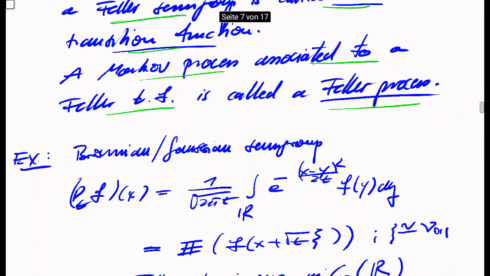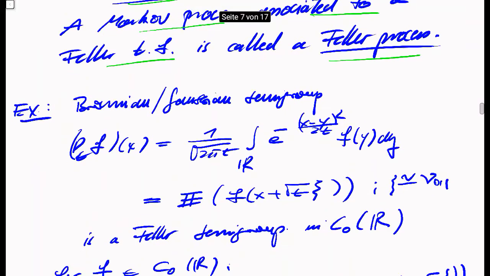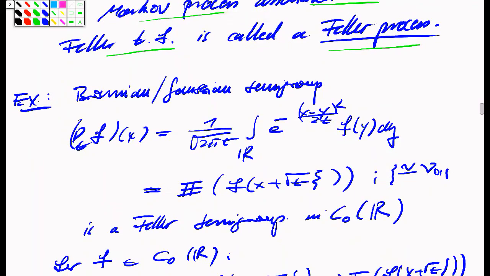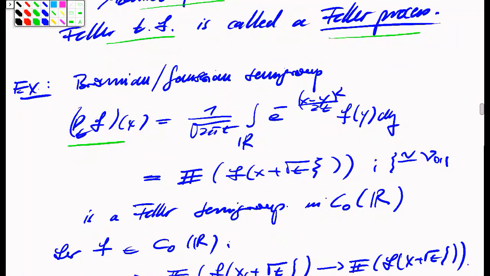But we will now come back to this example that we study most of the time, at least in this introductory part of the lecture. So again, let us consider the example of the Brownian motion semigroup or Gaussian semigroup, of which we know that the application of the semigroup to the function f is obtained by integrating the function f against the Gaussian kernel, which is properly shifted in space.